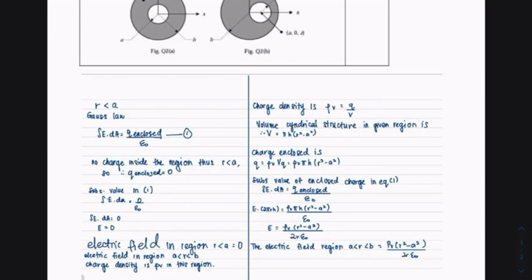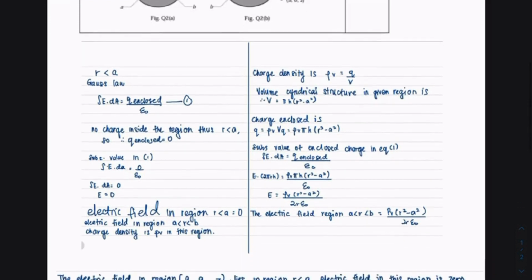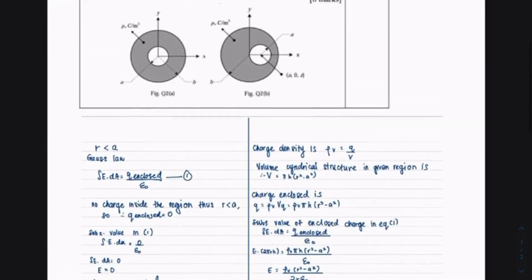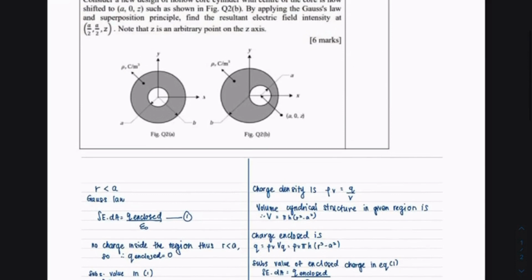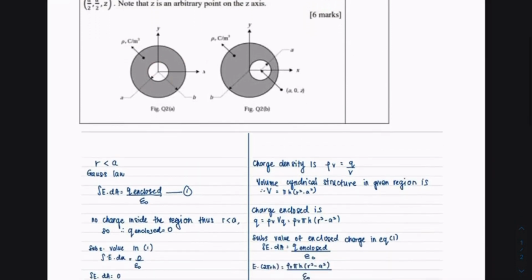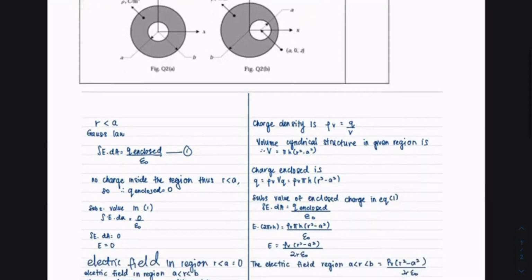For the next part, R is in the region greater than A and less than B. The charge density in this region is rho V, so the formula of rho V is Q over V. For the cylindrical structure given here, the volume is pi h times r square minus a square.